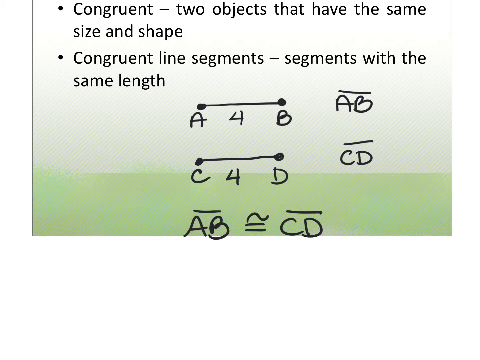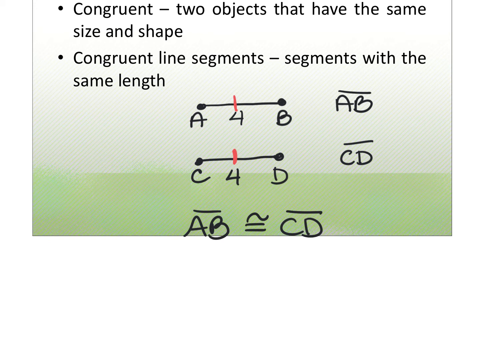Another way that I could tell that two segments are congruent is they're going to be using congruency marks or tick marks. And a congruency mark on a segment usually looks like a little dash. So if I had a little dash through this one with one mark, and one mark here, that would be another way that I could tell that the two segments are congruent without even knowing how long they are.